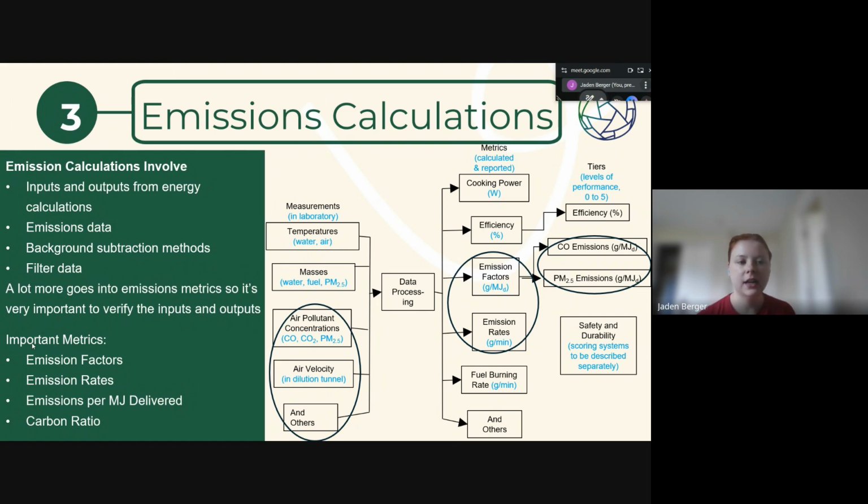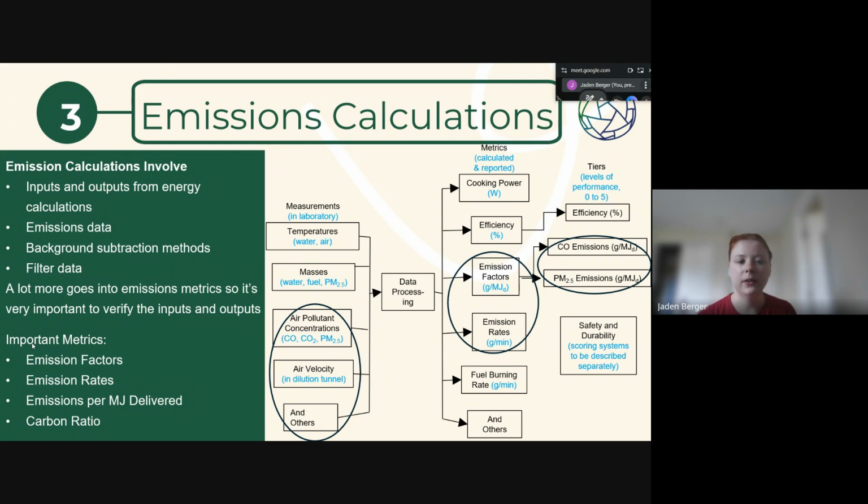We're also going to take in our emissions data from our sensor box. The background subtraction methods are going to be really important when we're doing our emissions calculations. I'll talk about that in a second. And then the filter data for PM 2.5. And yeah, you can see that a lot is going into our emissions metrics.